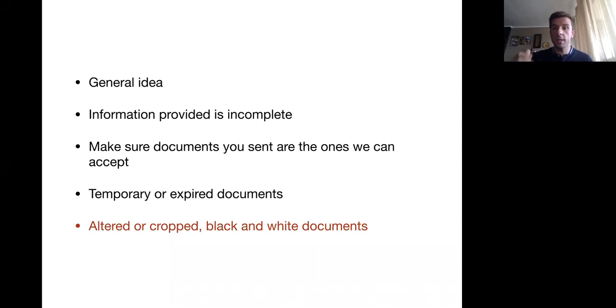If you can generate it, just put the card in the card reader and generate the document from there. That will be perfect. If that's not possible, please just scan the document and send us a scan as a JPEG or a PNG format. We cannot accept documents which are altered or cropped because there is a good chance they're photoshopped.